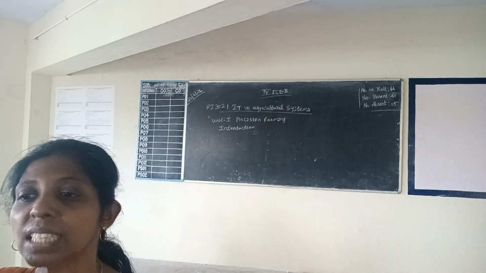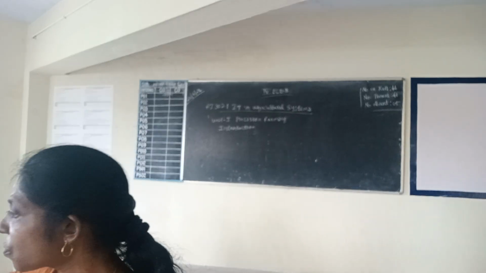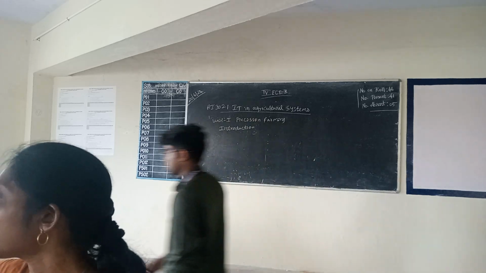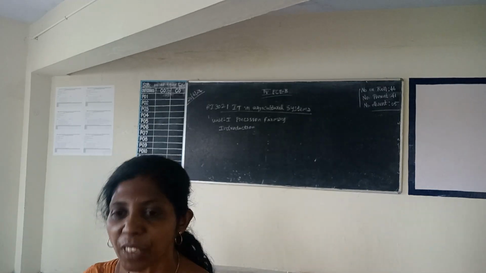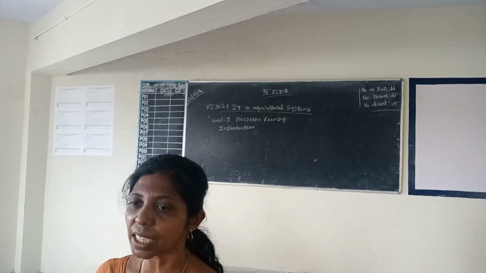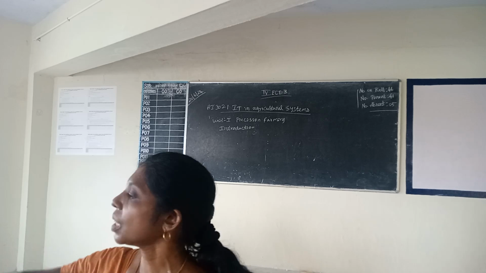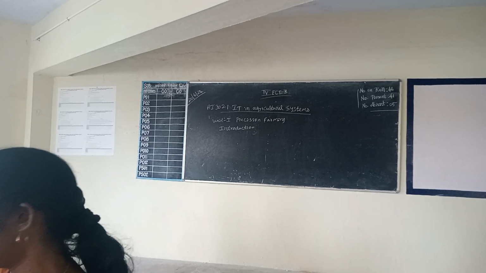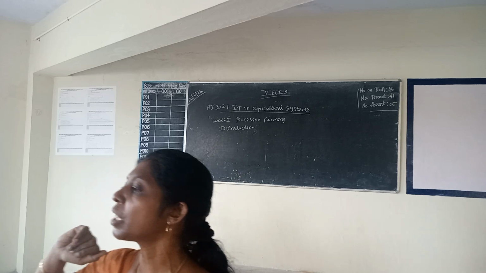For that purpose, in the precision farming topic, we are learning about GPS. The location and all, we have to know, right? Which place we are doing this in. So for that, the GPS and all we will be learning under this unit.